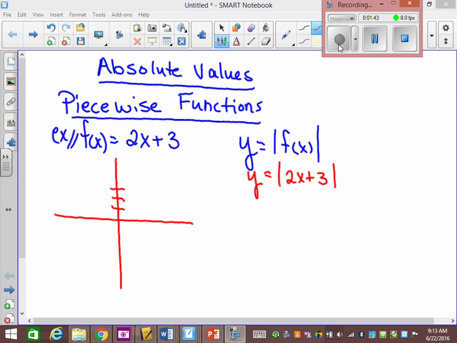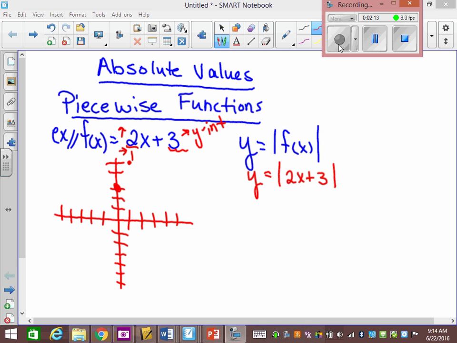1, 2, 3. So I have a y-intercept of 3. And then I rise up to the right one because it's positive. Up to the right one. So now I ran out of room. So what can I do to get points down here? How do I go the opposite direction of slope?